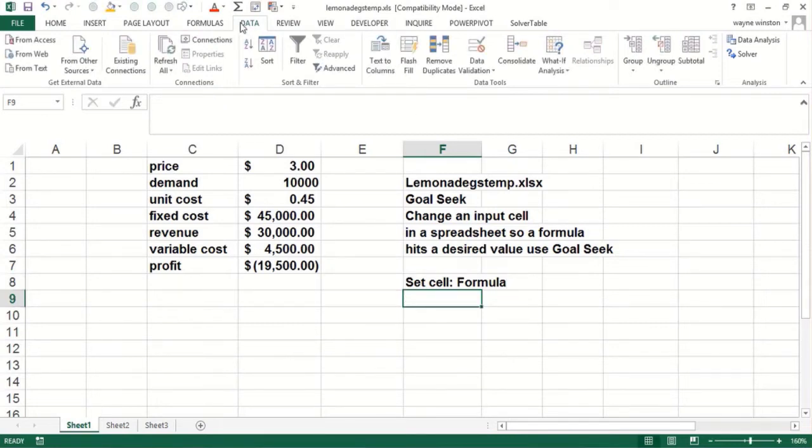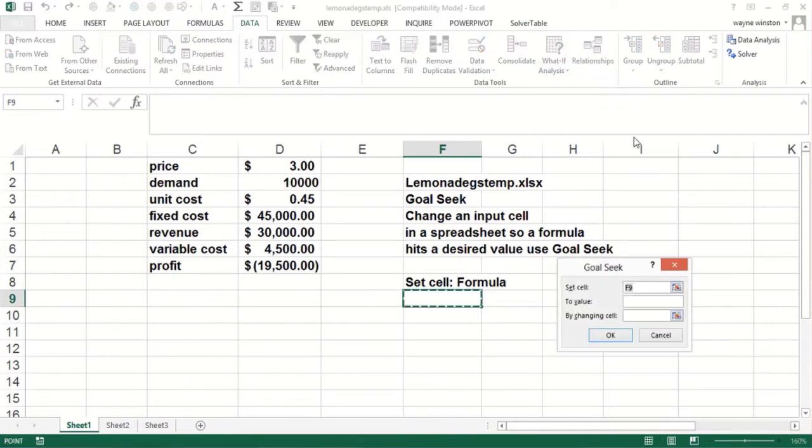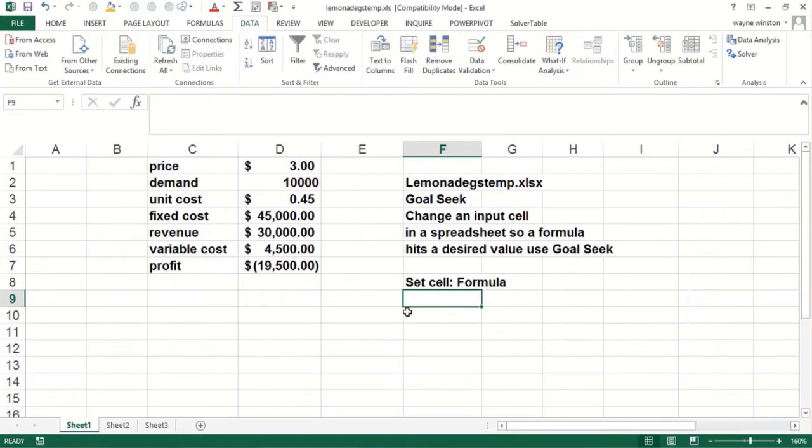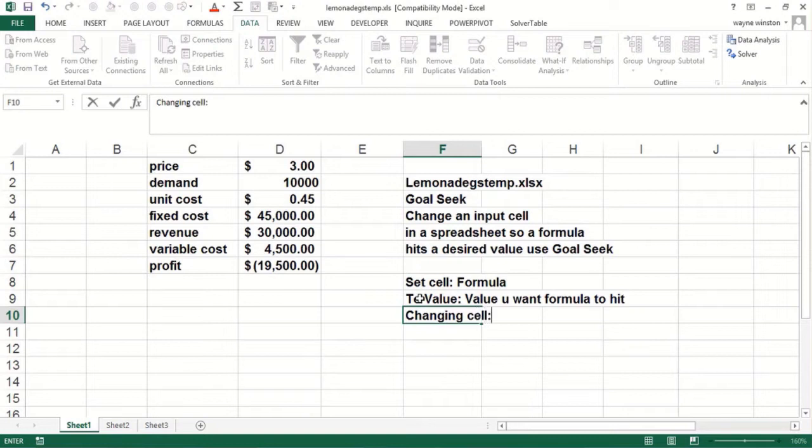And again, going back to this, to value is the value you want the formula to hit. And then the changing cell is the cell you can change. It can only be a single cell. Later with Solver, we can talk about maybe doing something like GOALSEEK with multiple cells.